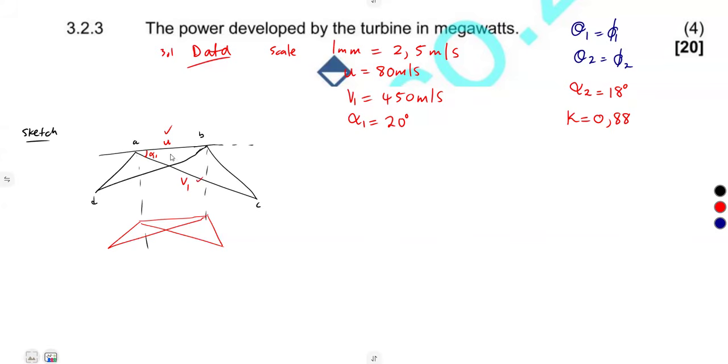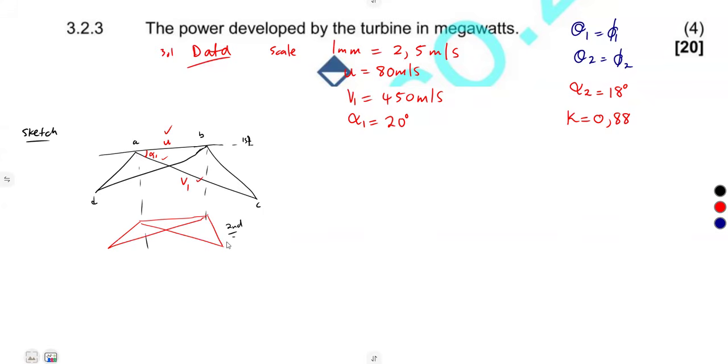That is enough for us to have this diagram, because the rest is going to be calculated from what we have. I'm going to focus on the first diagram, then use it to construct the second diagram.